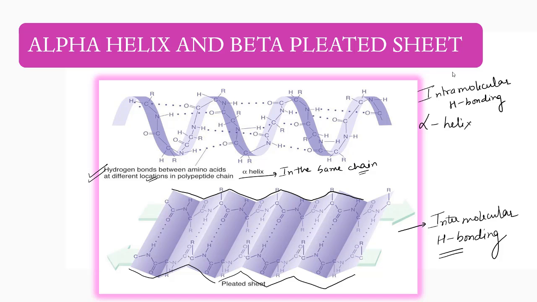So basically the secondary structure is of three types: alpha helix, beta pleated sheet, and collagen helix. Alpha and beta are the most simple designations of the types of secondary structure. Alpha helix is the first type of secondary structure, and beta pleated sheet is the second type.